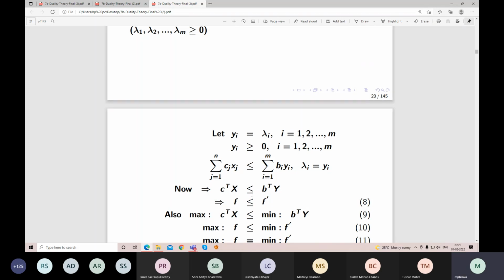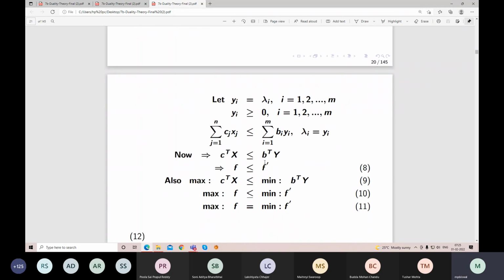Now technically, the left hand side is a maximization type and the right hand side is a minimization type, but here nothing is mentioned. C transpose x is less than or equal to B transpose y. You take the maximum value: the maximum value of C transpose x is less than or equal to the value of B transpose y.